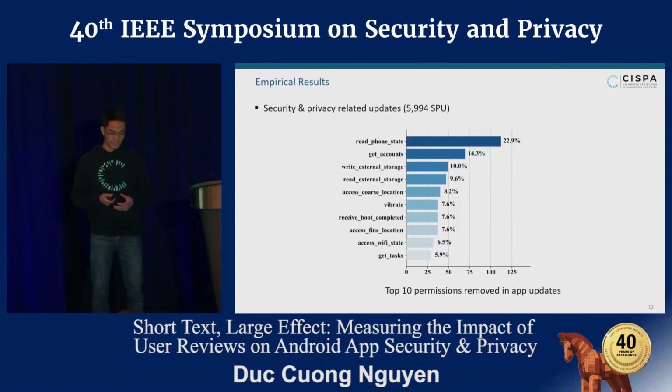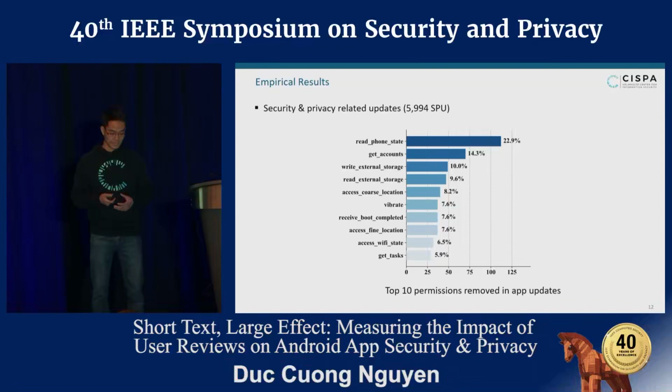And app versions with runtime permission mechanism are more likely to release SVU. And this is indeed in line with the previous finding that app versions with runtime permission receive significantly more SPR in comparison to app versions with install time permission.